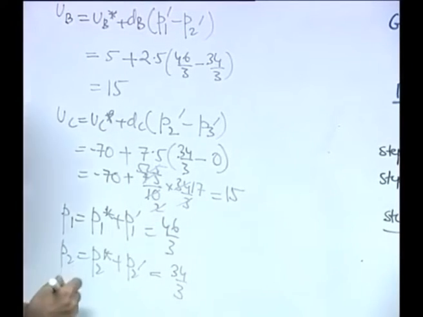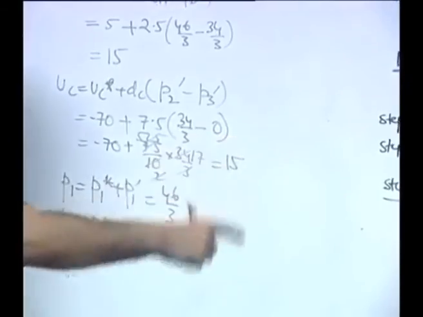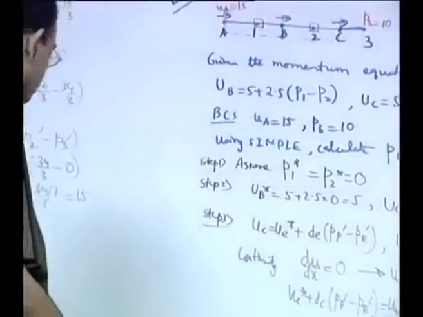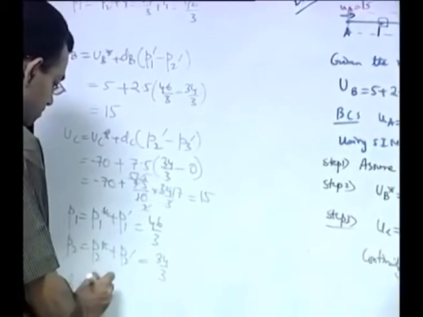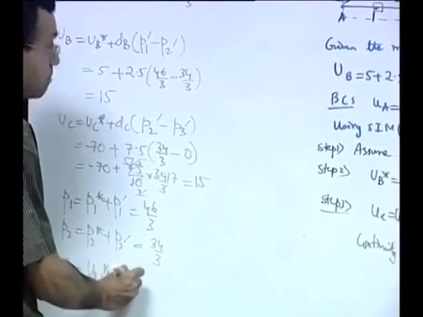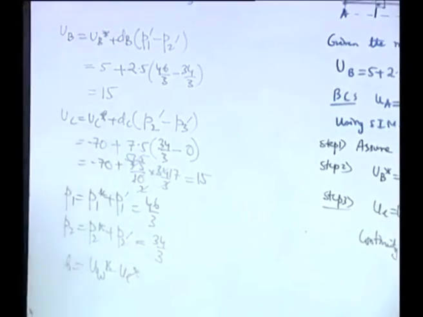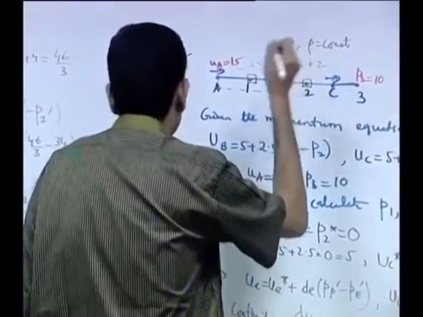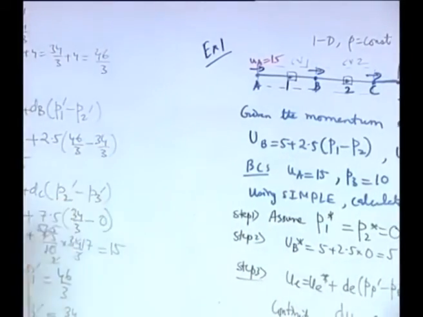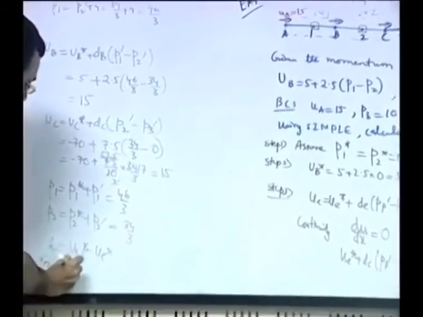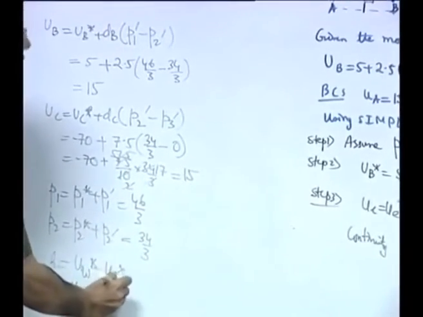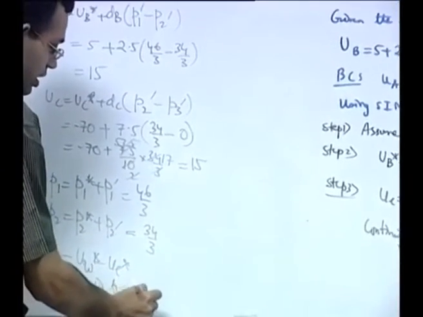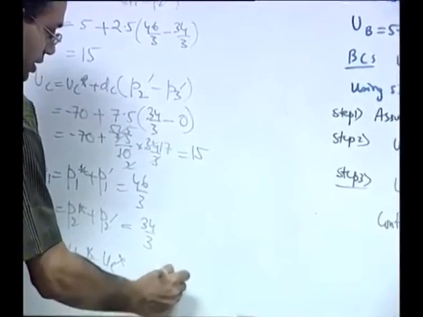And what is B? B in the momentum equation was UW star minus UV star. So, there are two control volumes. For control volume 1, B is equal to US star minus UB star, which is equal to 0.